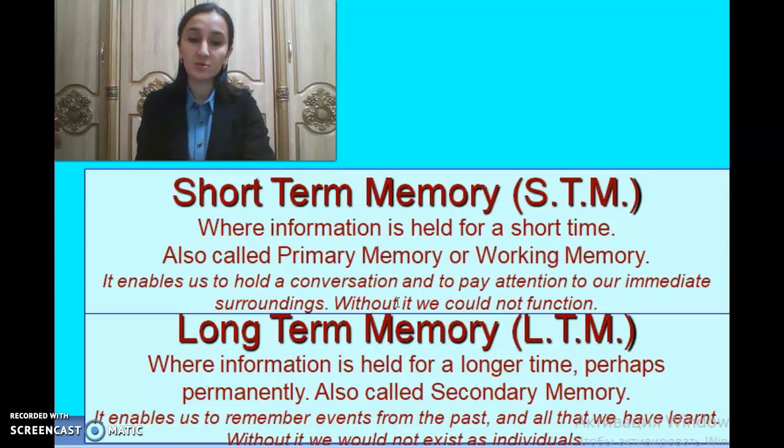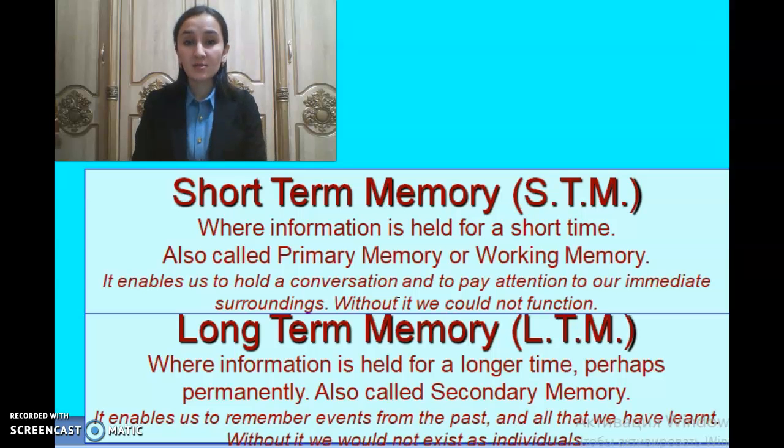So short-term memory and long-term memory apply to all languages, not only English. Okay, let me first read the explanation of short-term memory, then I will try to explain it. In short-term memory, information is held for a short time in your brain, and it is also called primary memory and working memory. It enables you to hold a conversation and to pay attention to our immediate surroundings. Without it, we couldn't function.